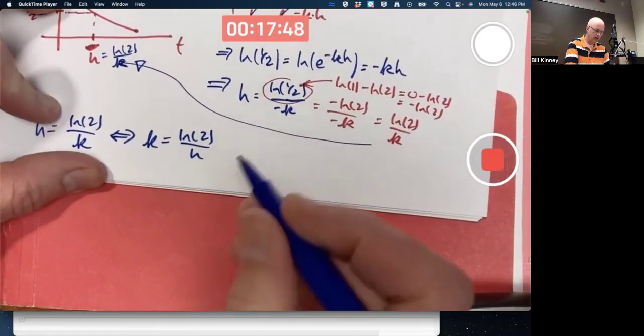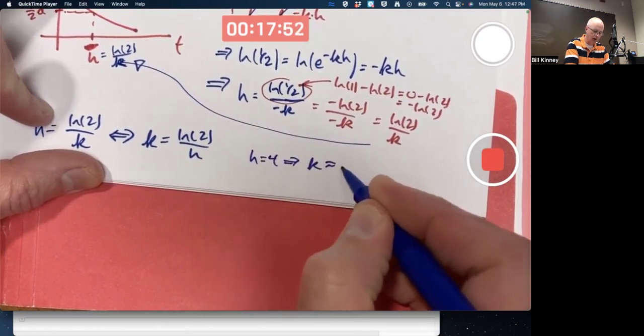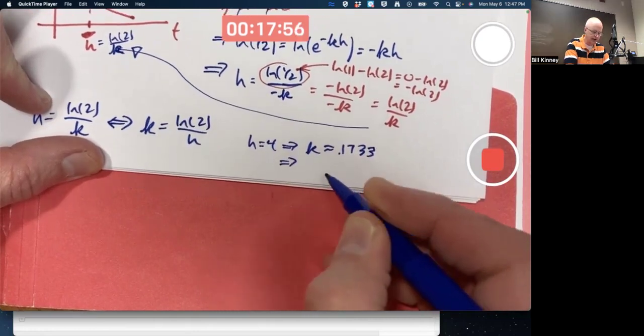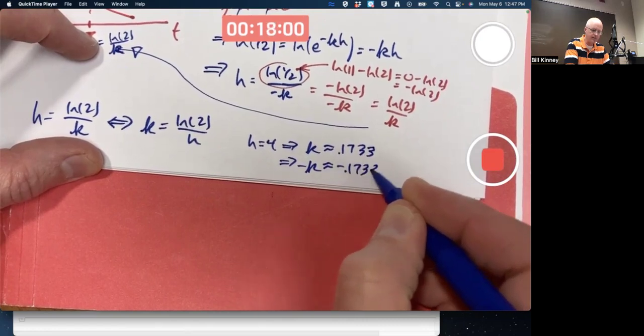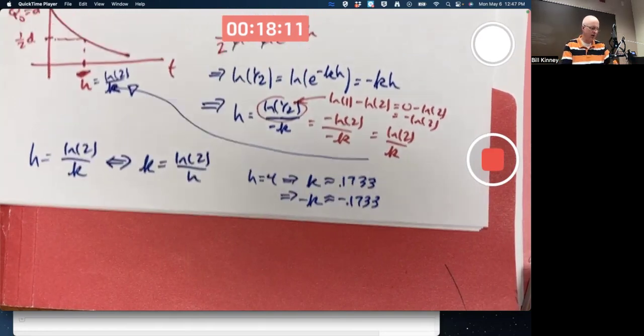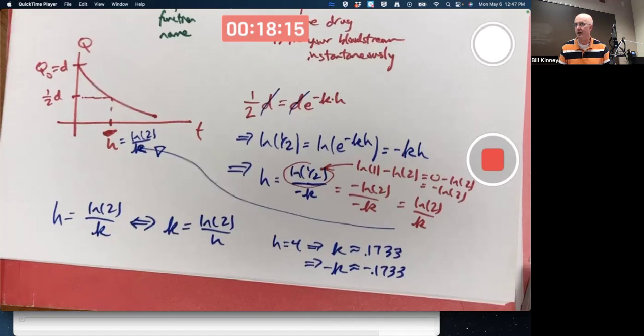H equals 4 would imply K is about 0.1733, which means the constant of proportionality itself, negative K, is about negative 0.1733. And you can use this information to figure out, how long is it going to take for the amount of the drug to go down to, say, 1% of what you started with. Maybe we should do that.